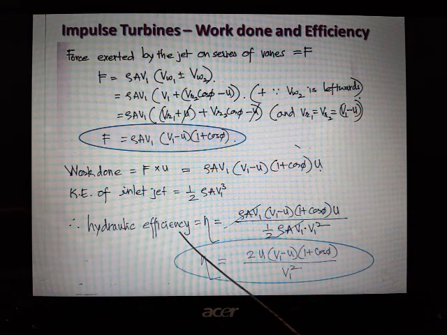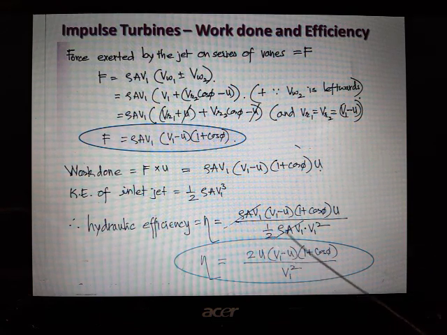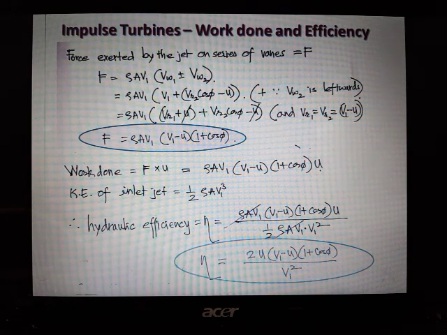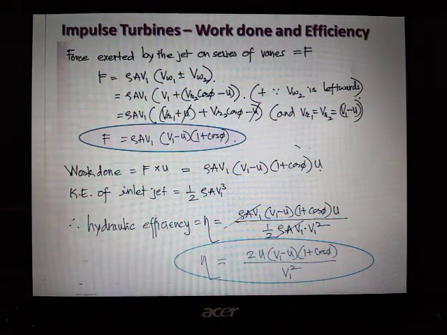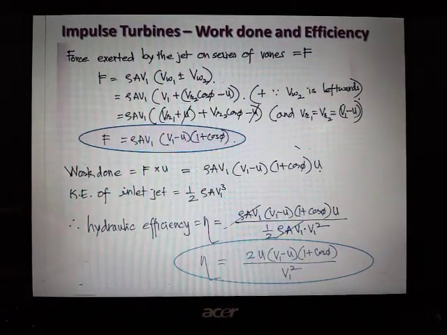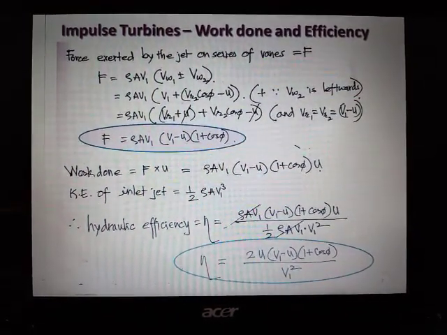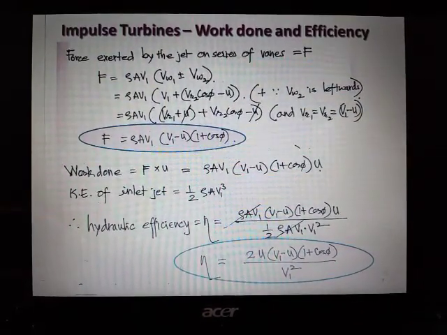So hydraulic efficiency is the work done by the jet divided by the jet energy. If we simplify, we get the expression efficiency equal to 2u into bracket v1 minus u times 1 plus cos phi, divided by v1 squared. This is the impulse turbine or Pelton turbine efficiency.